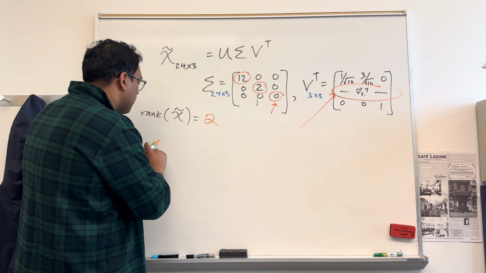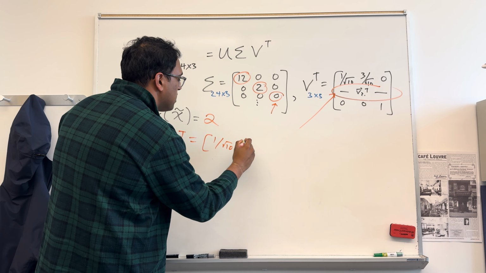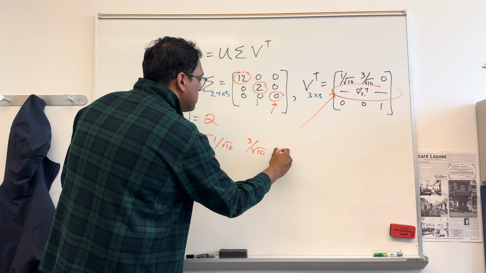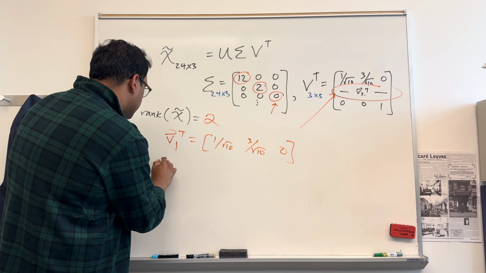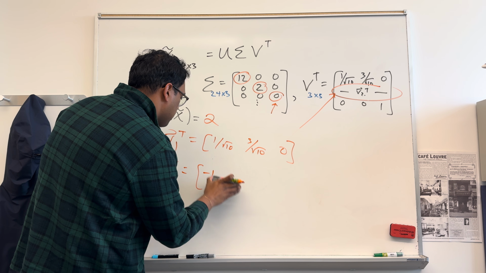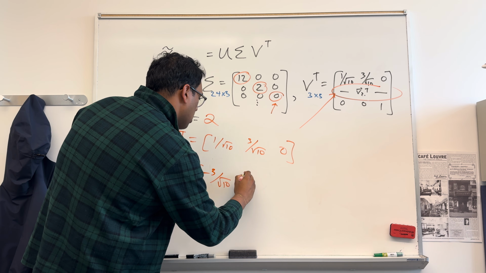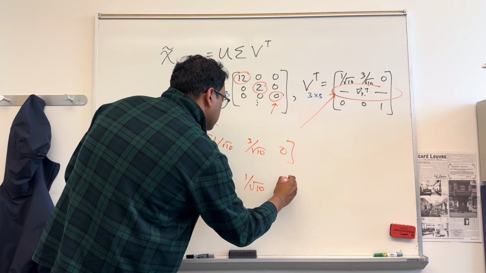Here's what I mean. If the first row is 1 over root 10, 3 over root 10, 0, then all I need to do for my second row is say something like negative 3 over root 10, 1 over root 10, 0.